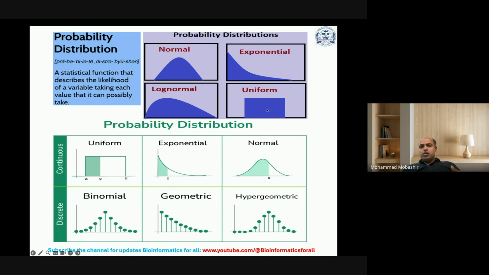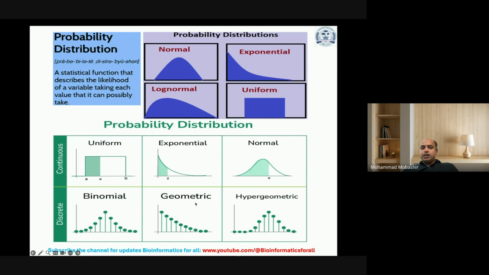There are more ways of presenting the figures to understand different types of probability distribution. Uniform, exponential, normal, binomial, geometric, and hypergeometric. These three are continuous: uniform, exponential, and normal.